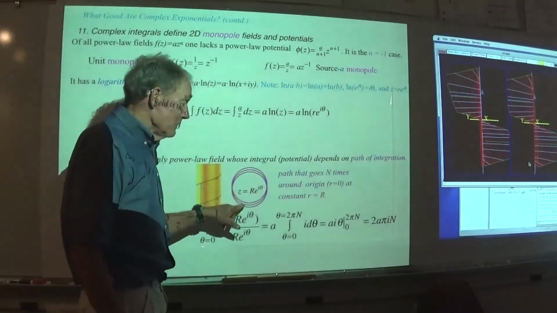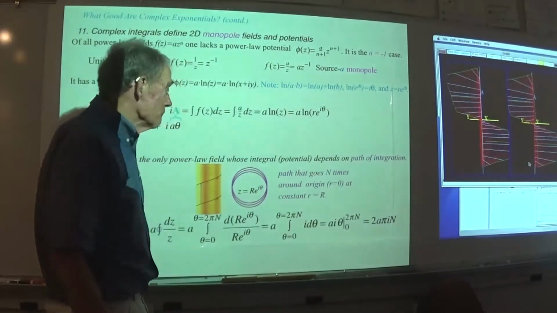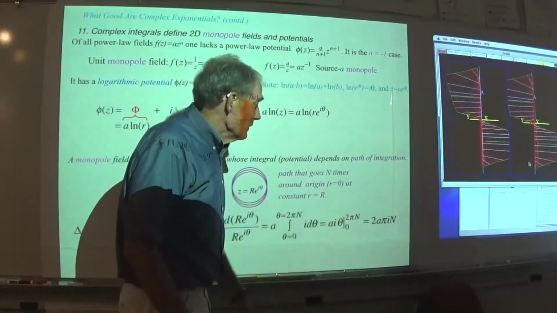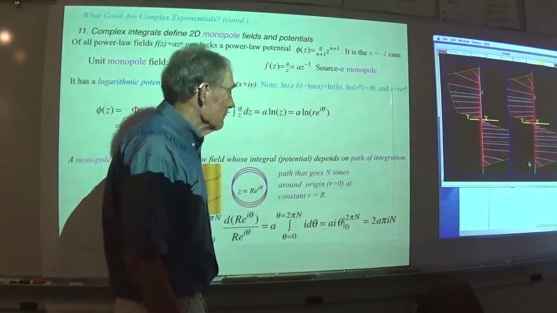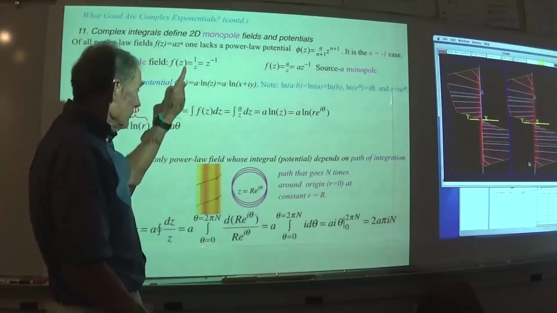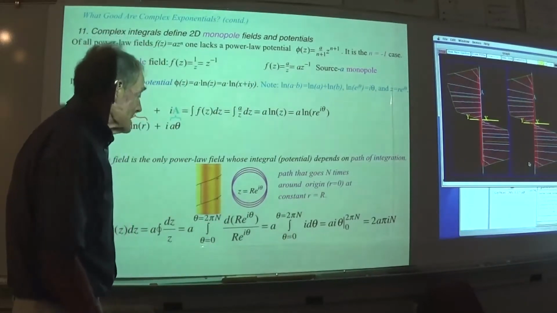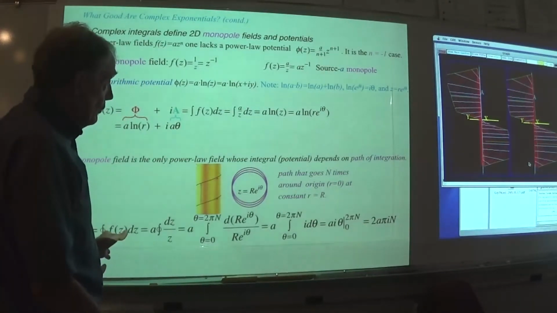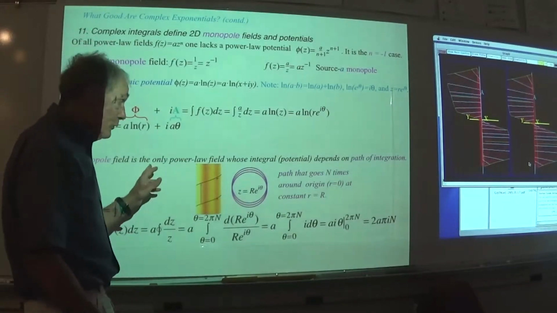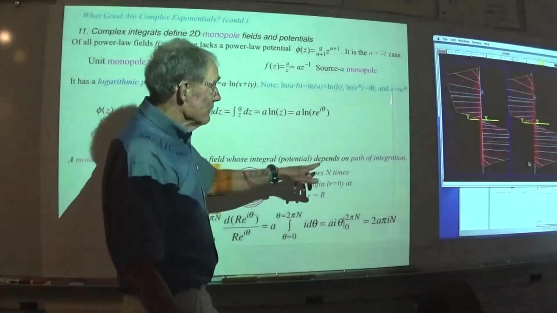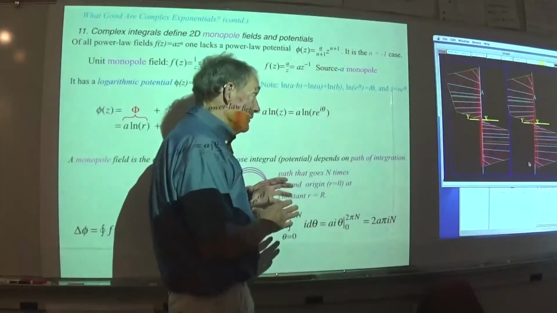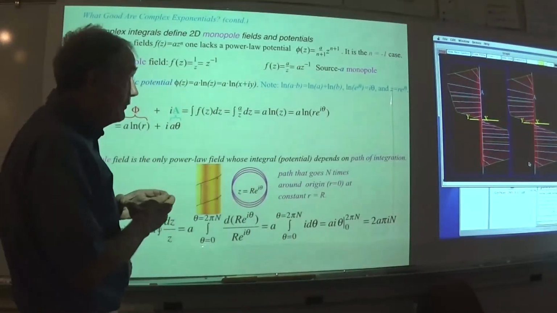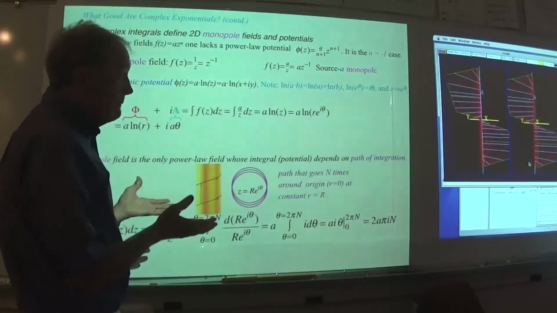Path goes around. Each time it goes around, it picks up another 2 pi. So if you want to go around n times, you'll pick up n times 2 pi. Now, if your contour, the path of integration, doesn't include the center, if you do not have the center inside your contour, the integral is 0.